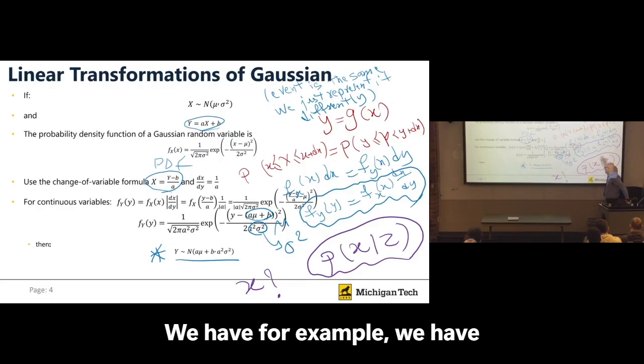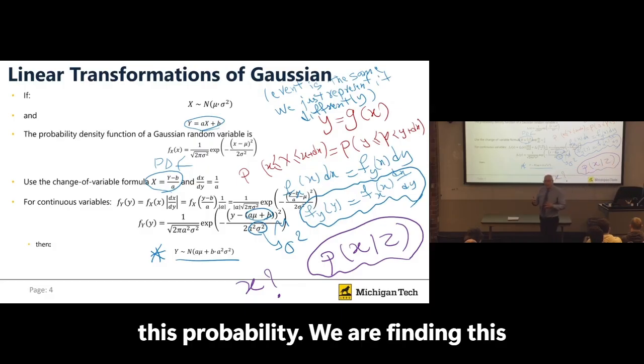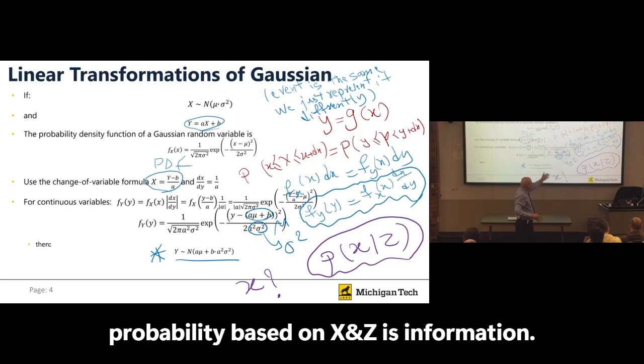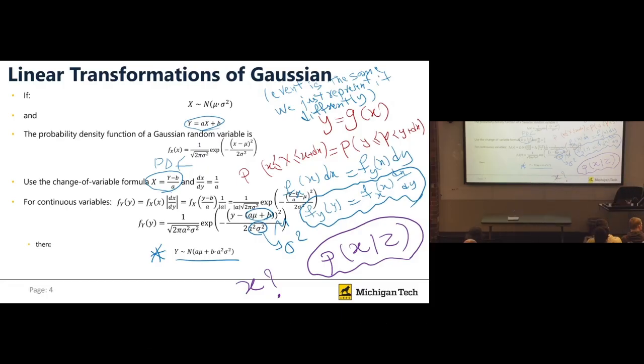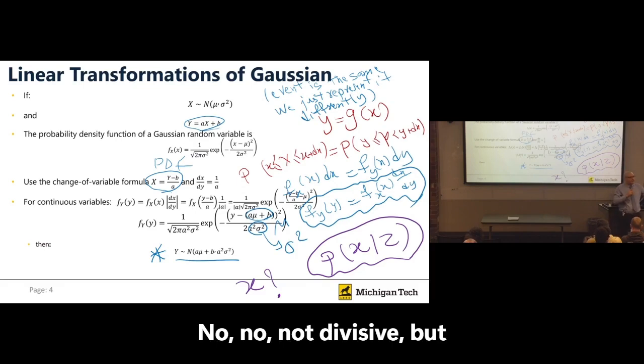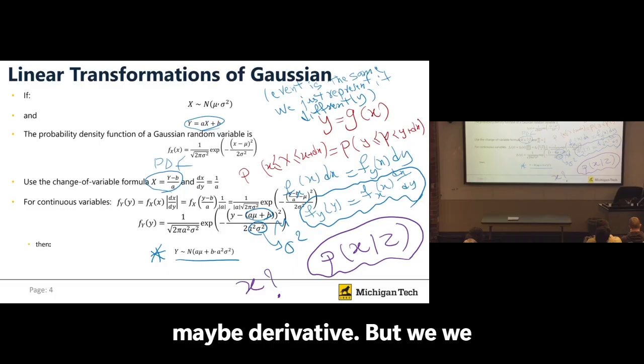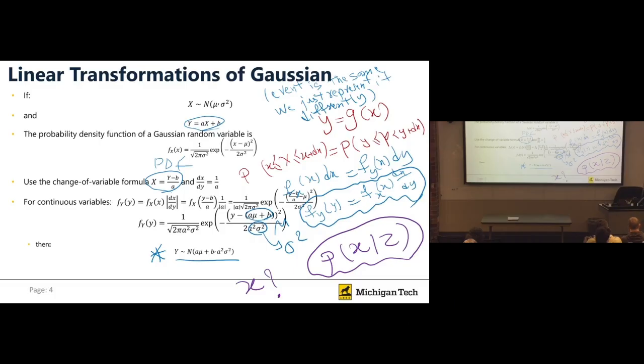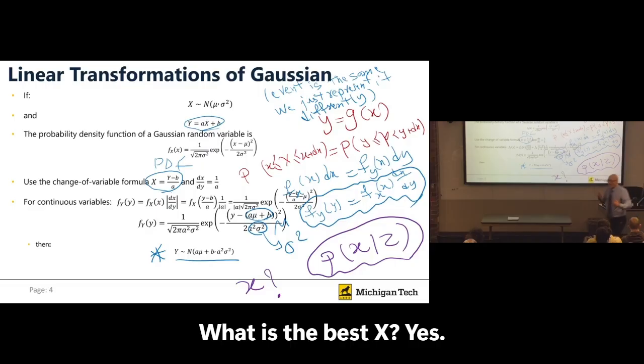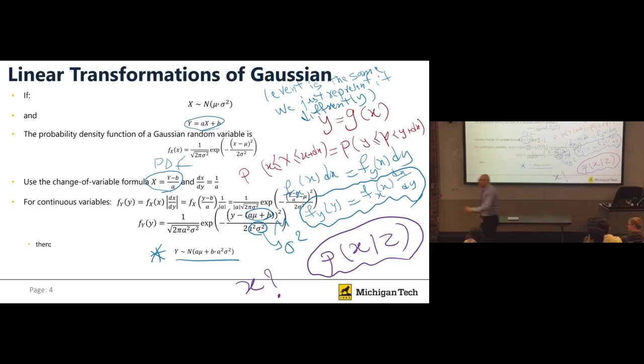We have, for example, this probability. We are finding this probability based on x, and z is information. What is x? No, not derivative. But maybe derivative, but we get derivative for what? What is the best x?